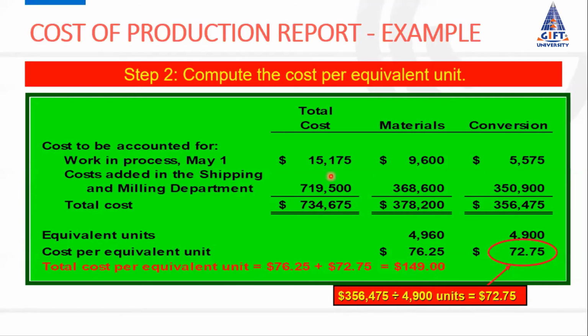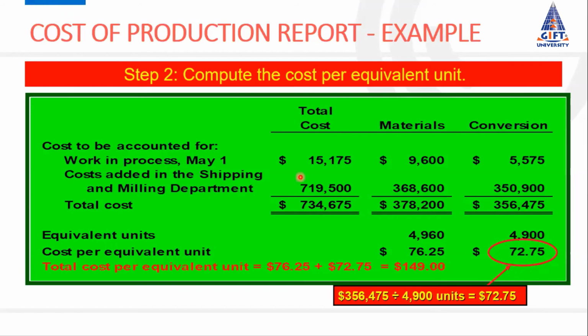So in our department in the month of May, the per unit cost of completed goods is 149. In that 149, 76.25 is materials cost and 72.75 is conversion cost, inclusive of labor and FOH.